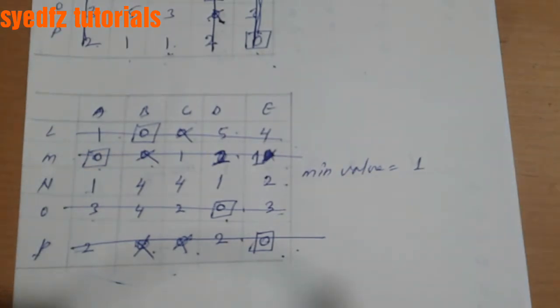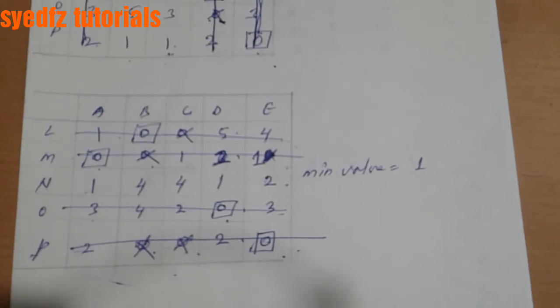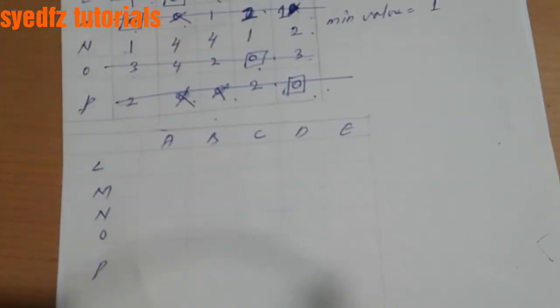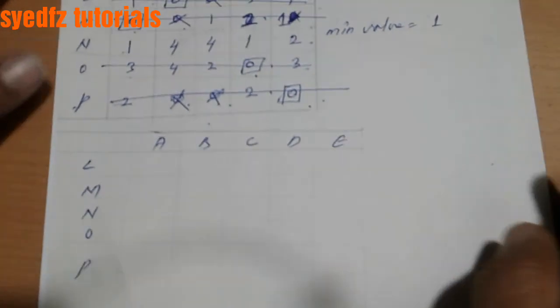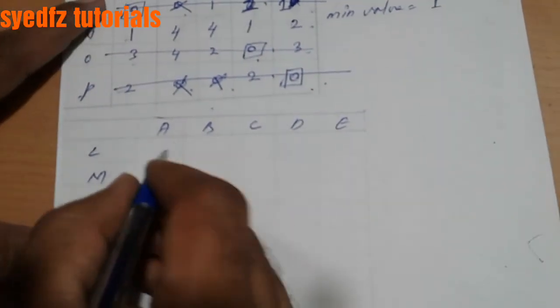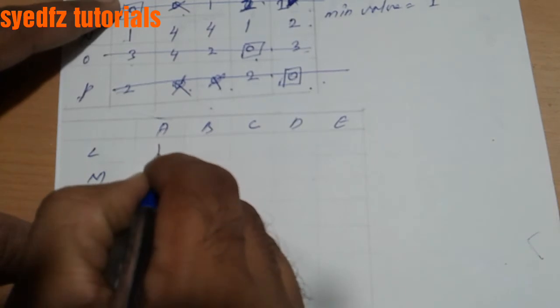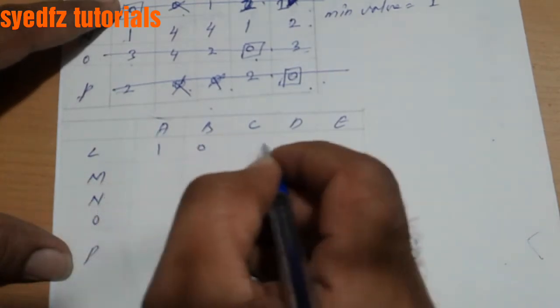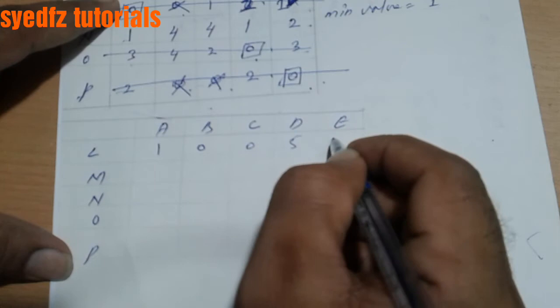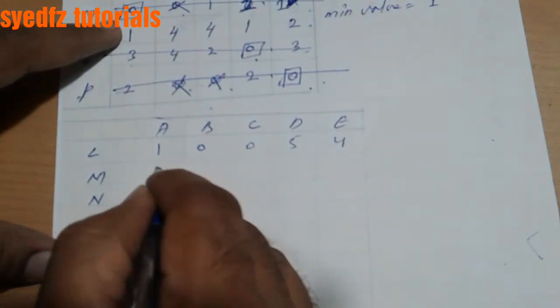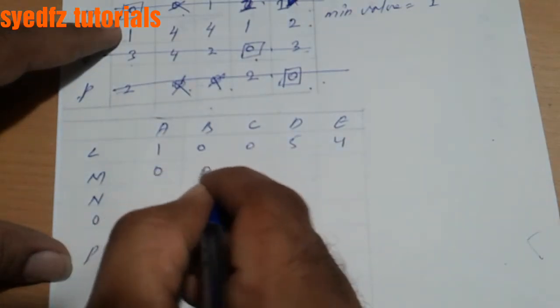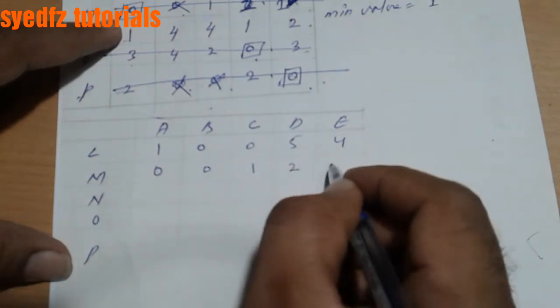Okay, again we have to prepare one more table. Till we get the 5 lines, we have to prepare the table again and again. Okay, the table has been prepared. Now let's see. There is 1, it's a line passing, so don't change it. 1 0 0 5 4. Here also line passing, 0 0 1 2 1.